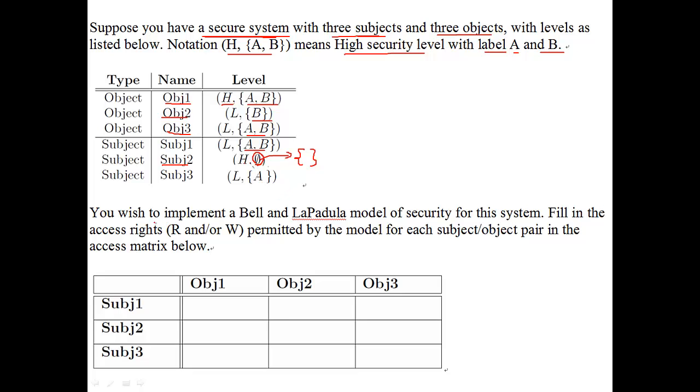So you wish to implement a Bell-LaPadula model of security for this system. Then you fill in the access rights permitted by the model for each object-subject pair in this table, okay? Let's first label this. First, let's write the level of the object here, so it's easy for us to compare.